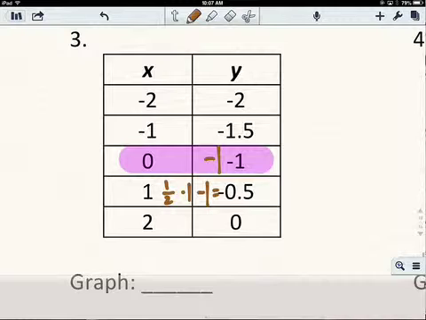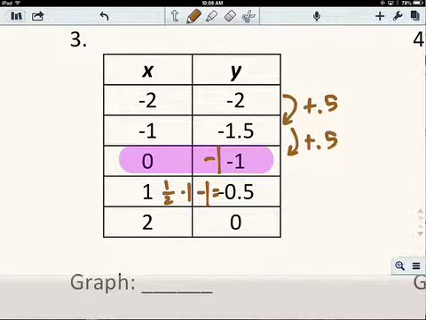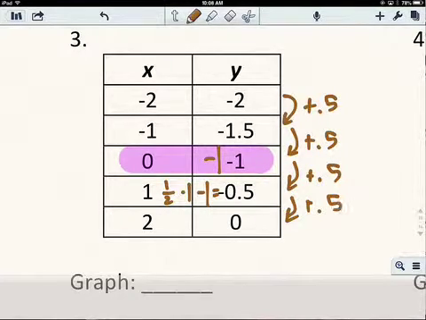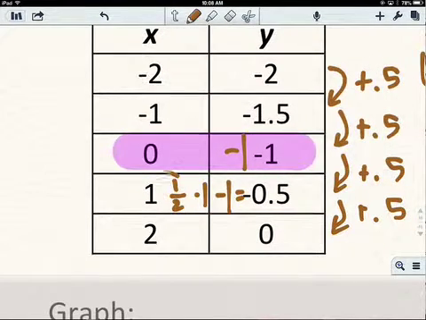I could have also noticed that this is adding 0.5 each time. And since it's adding 0.5 each time, and the 0.5 is the same as 1 half, that tells me that my multiplication is going to be 1 half. So I'll go ahead and try that with 1 half times 2. 1 half times 2, a half of 2 is 1, minus 1 is 0.